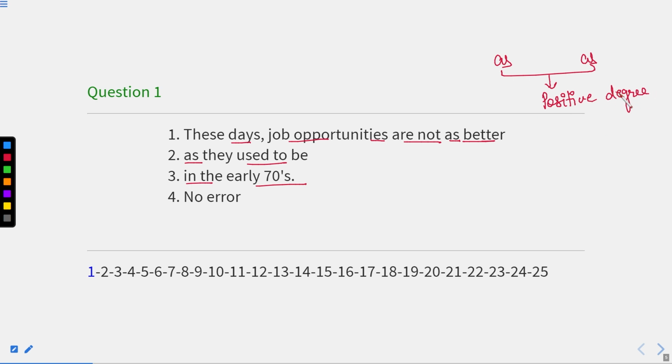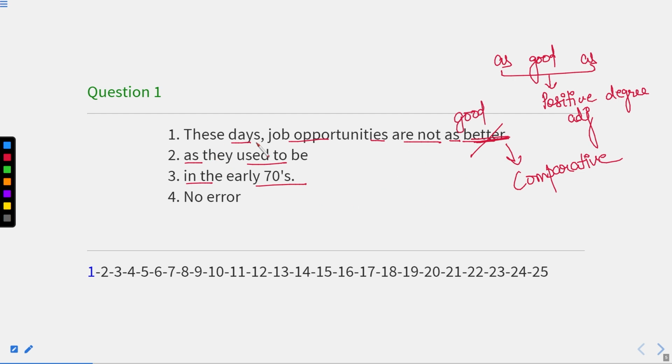In case of the positive degree of adjective, we write the base form of the adjective, that is good. Better is actually the comparative degree. Whereas with the as and as structure, we need to write the positive degree of adjective. Therefore, this better should be replaced with good.